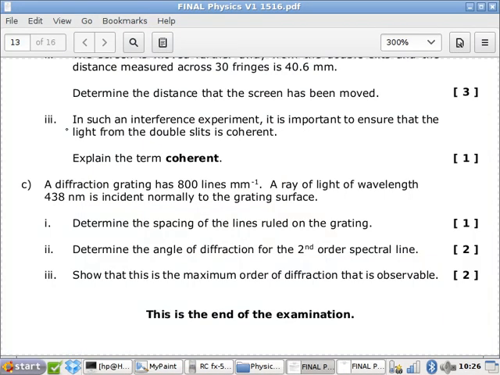Part 2 is what's the angle for the second order? Okay, calculate that, please.